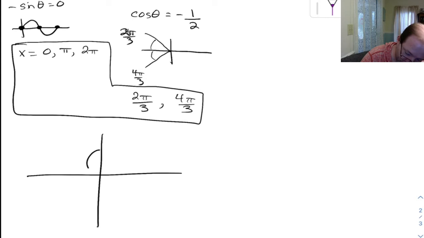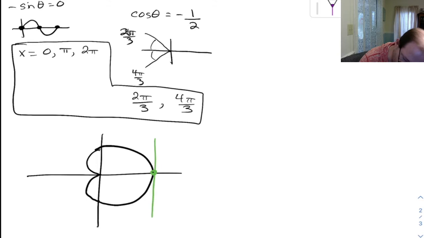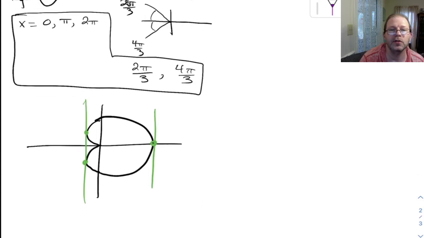Let's see, it's got like this and this, and looks roughly like that. Let me try this one more time. All right, so the vertical tangents happen here, here, and here. I guess those two actually have the same tangent line, but it's two different values of theta where you get a tangent.